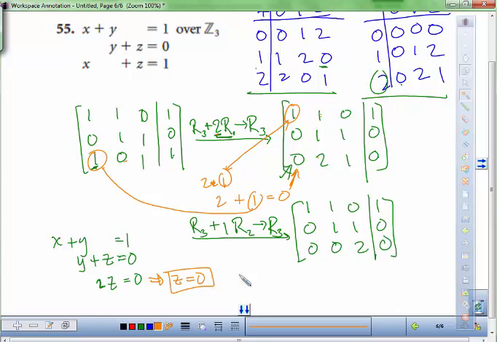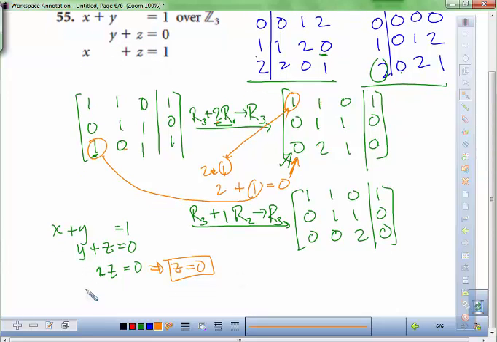So if z is equal to 0, I can back solve. y plus 0 is equal to 0, so y is equal to 0, and then continue to finish back solving. You have x plus y, which was 0, is equal to 1. So what does x equal?